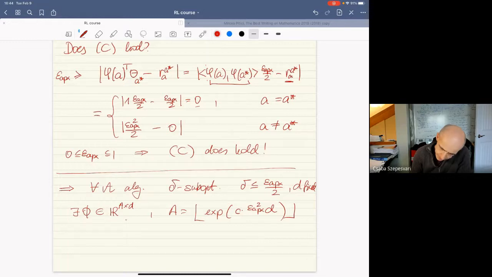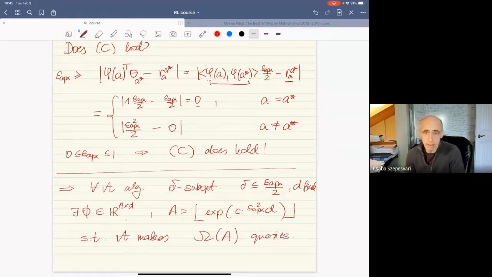And it holds that the algorithm makes at least, could be A over 2 or something, Omega A queries, which depends exponentially on the dimension, right?